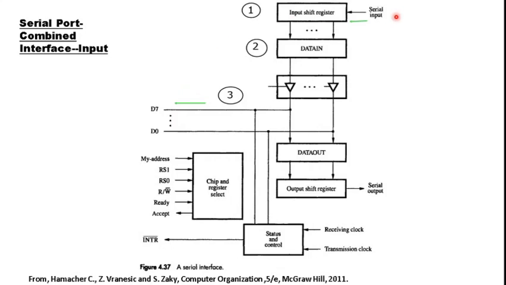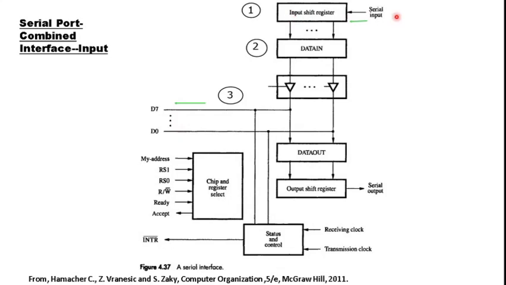Note that in stage 1 the transmission is serial, but from stage 2 to 3 we have an arrangement for parallel transmission to the CPU or the master. Once the device puts the data into the input shift register and the data is transferred to data in, the input shift register is vacant.